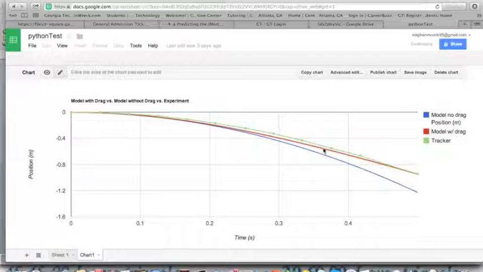And then the red line is the model with drag, and that also overpredicted the observed velocity of the ball dropping, but it's still much closer than the model with no drag. And this little discrepancy may be due to technical error, such as the ball of socks becoming a blur in the video after a while, but it's still a pretty good prediction.